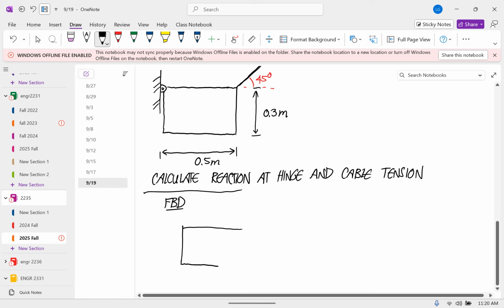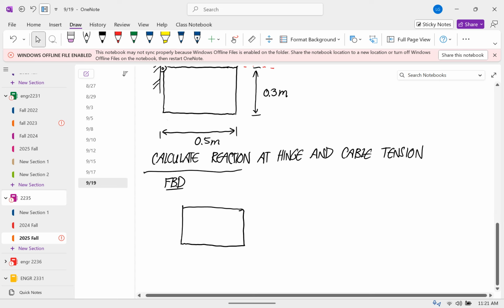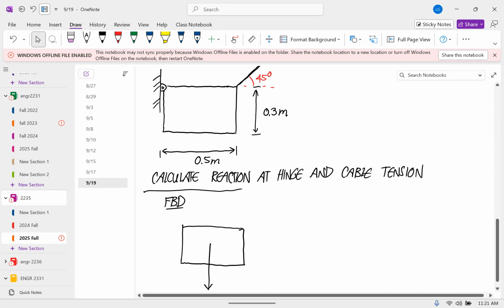Okay, so there's the free body, the outline, and there's a weight force that acts at the center of the body, the center of mass. And it's 50 times 9.81, so that's 490.5 newtons. We have a hinge joint at the upper left.